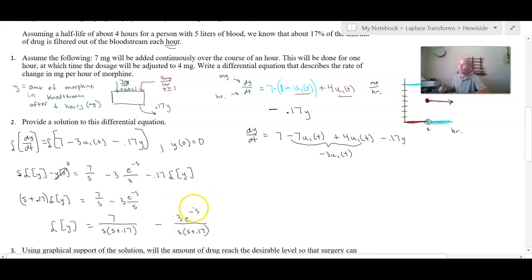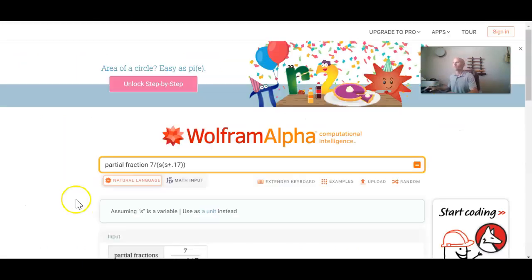Now, we do have a function in the numerator. We'll write this one of two ways. We might just write this as 3e to the negative s times 1 over s times s plus 0.17, and then just do partial fraction decomposition on that, because maybe the technology, if we're using technology, will not like that e to the negative s in the numerator. But let's find out. Before we do any inversion, we want to make sure we split these apart because we see the need for it.